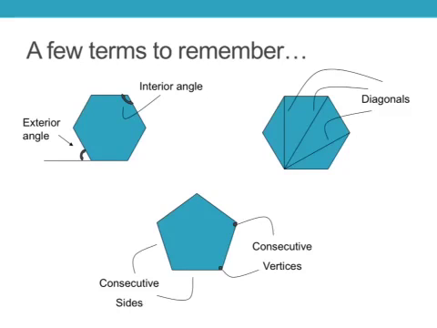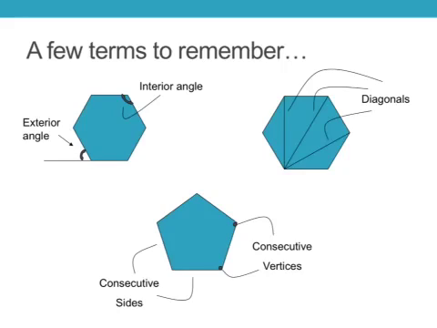So remember a few terms. Interior versus exterior angles. Interior angles are inside the polygon. Exterior angles extend out from each of the sides. Okay, so each side has its own exterior angle.